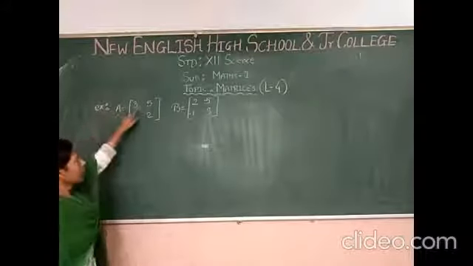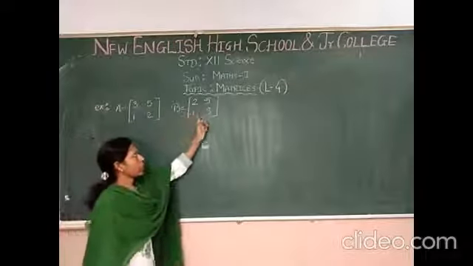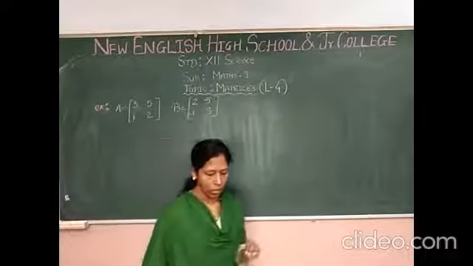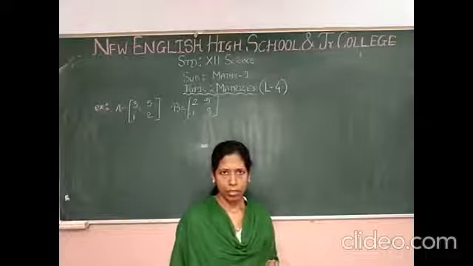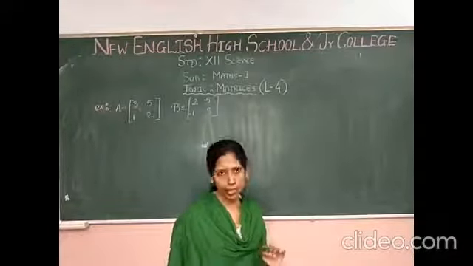Matrix A is 3, 5, 1, 2. Matrix B is 2, minus 5, minus 1, 3. Let us check A into B, then B into A.